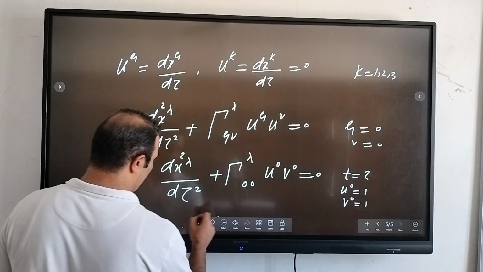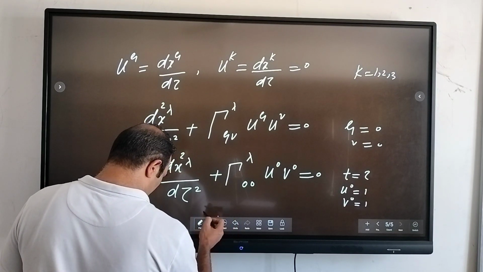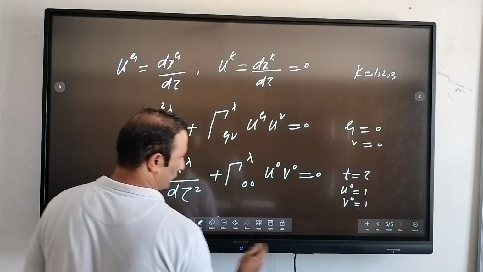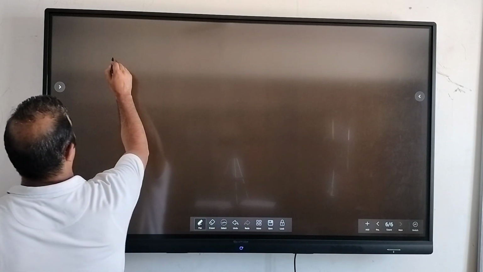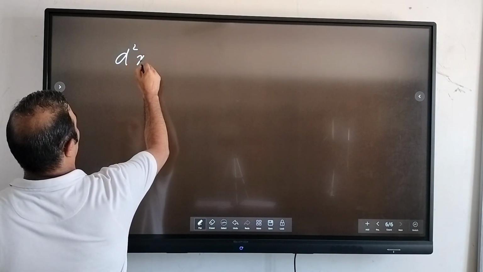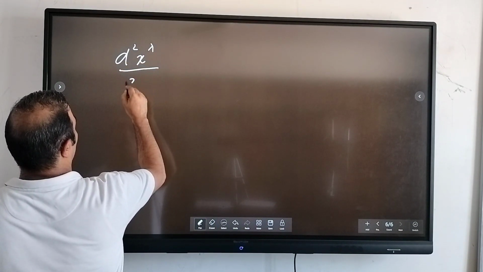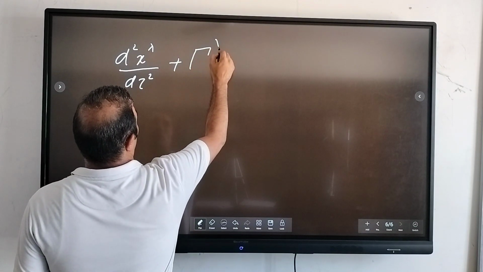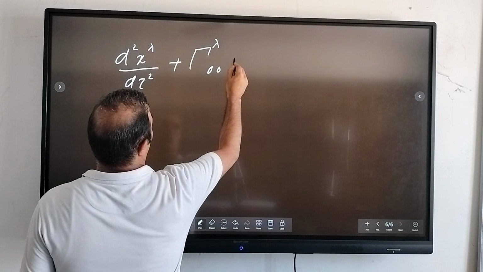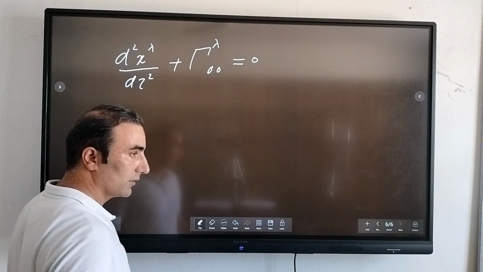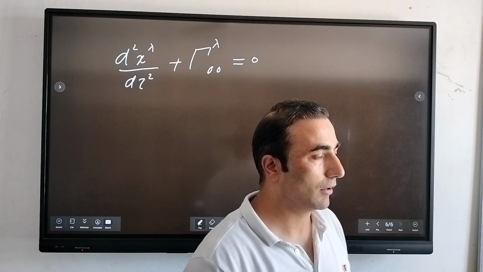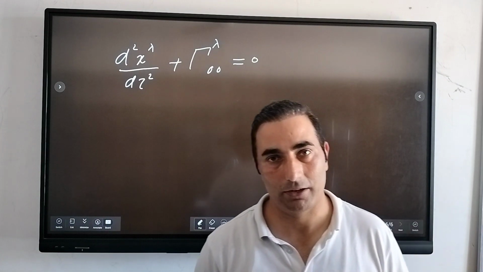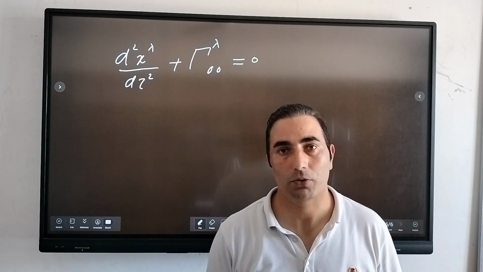So this equation can be written as follows, when we consider that our small t is equal to capital T, proper time equal to improper time.